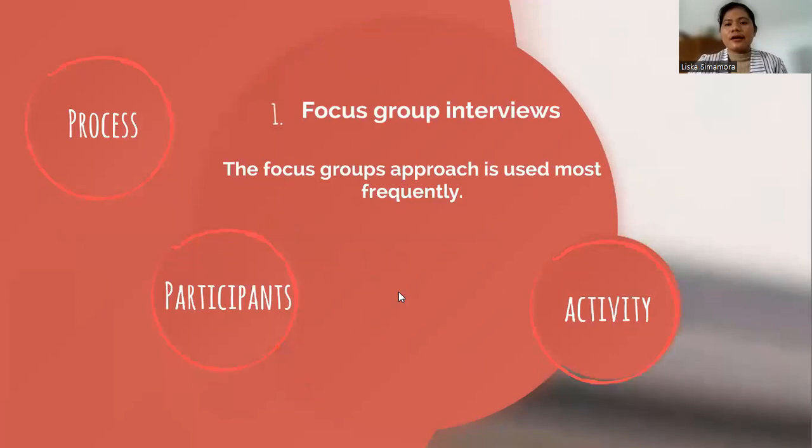The first one, qualitative technique can be done by doing focus group interviews. Okay, so the key word here is group. Okay, so this is an approach that is used most frequently in doing qualitative technique, because we want to gather information according to some group of people. Okay.